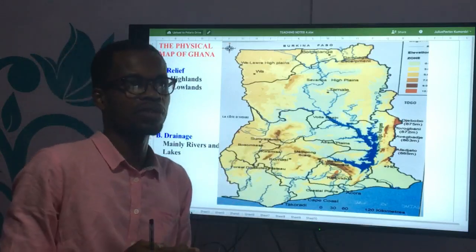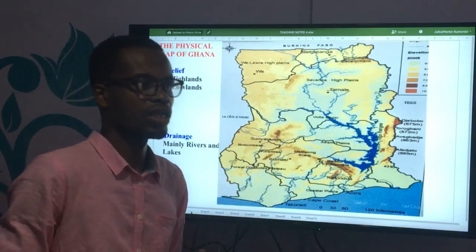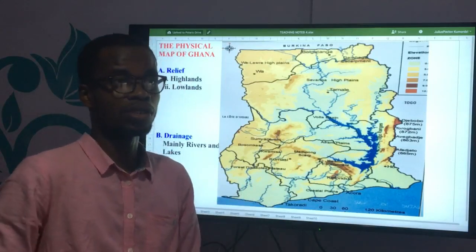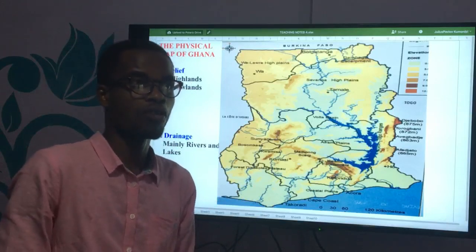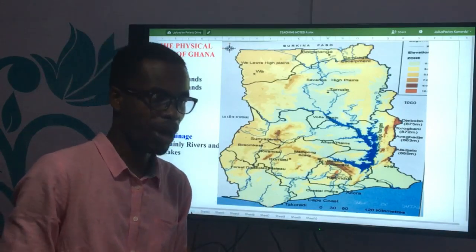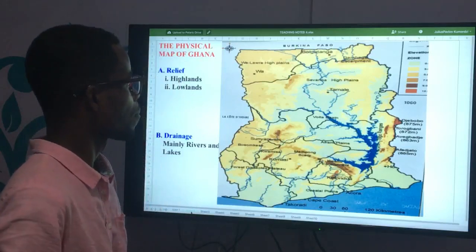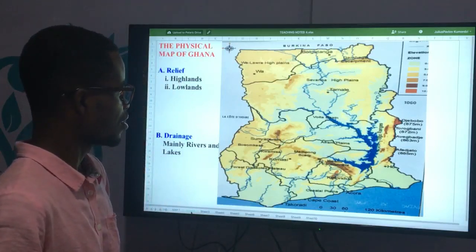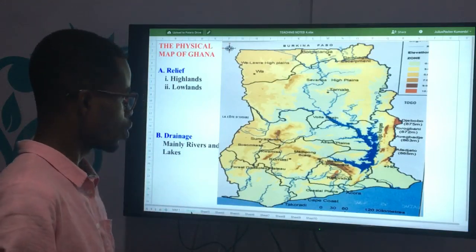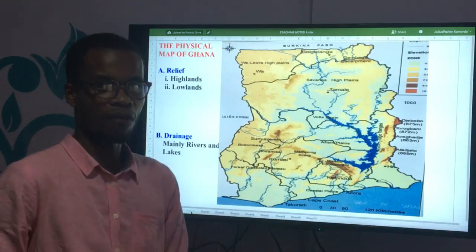It is the Black Volta that has been diverted and used to construct that dam, generating power for us. Okay, so these are some of the physical features on the map of Ghana.